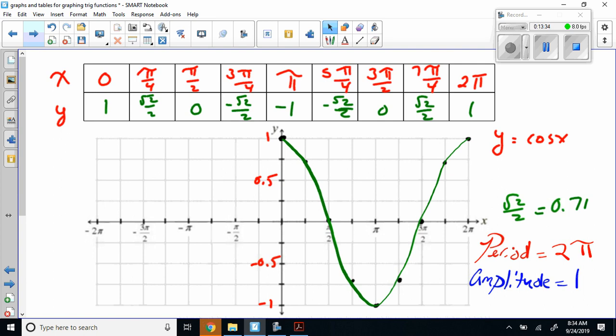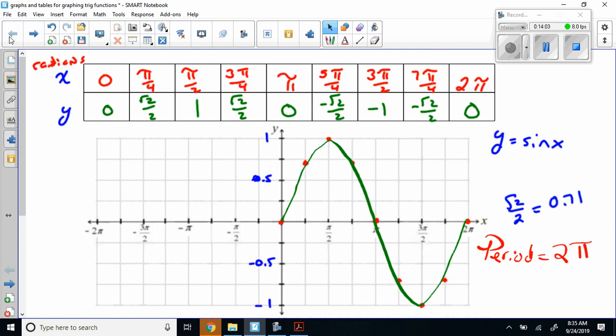Now, it's 1 unit from here to here as well as from down here, right? You don't do the overall, how far did it go down, how far did it go up for the amplitude. How far did it go up or how far did it go down, right? And then, so what would be the amplitude for a sine wave? 1.